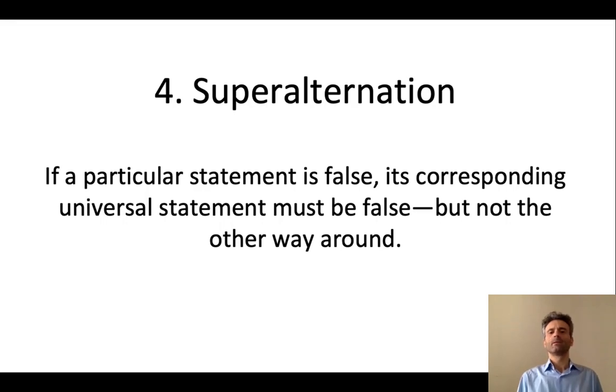In other words, falsity travels upward. It goes up. Now remember, if the particular is false, the corresponding universal must be false by logical necessity, but not the other way around. If the universal is false, this does not imply that the particular is false. Okay? So falsehood only goes up.